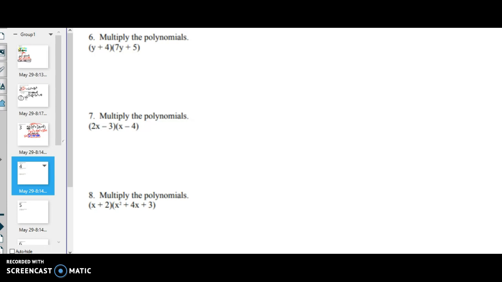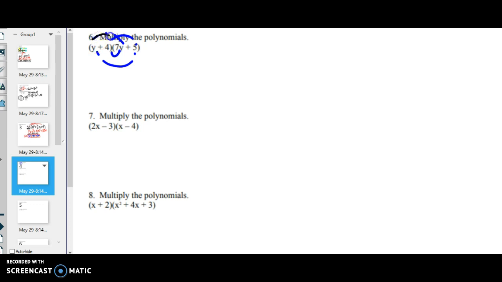Some of you don't do the box, some of you just distribute, so you do the y to both things and then that, so you kind of end up with that little smiley face, or you use the FOIL method, first, outside, inside, last. However you do it is totally fine. So on this one, I'm just going to do lines, and then on the next one I'll do the box.